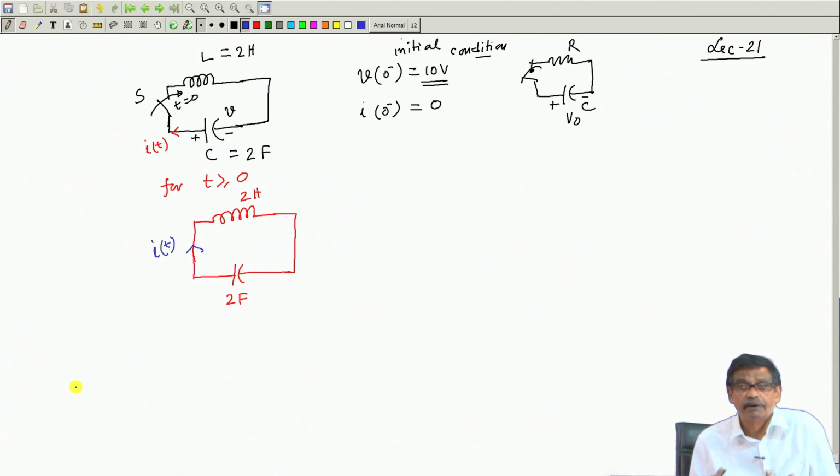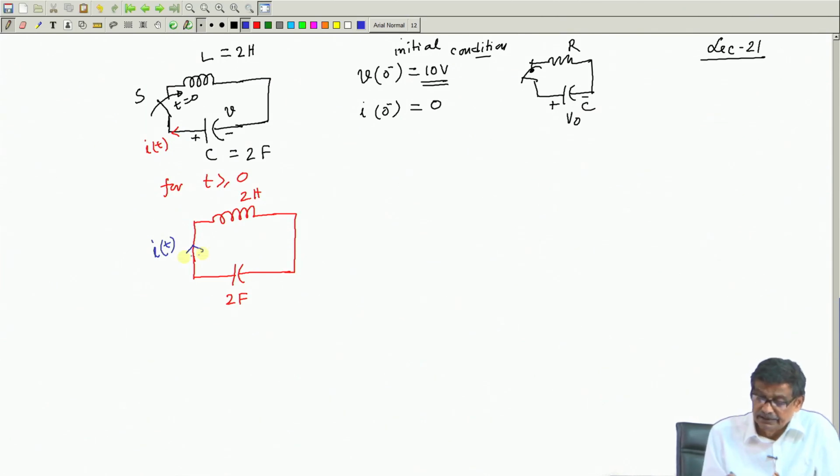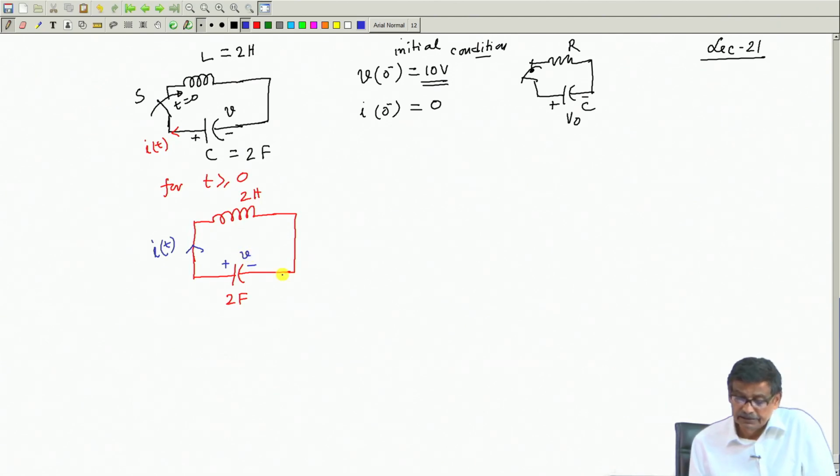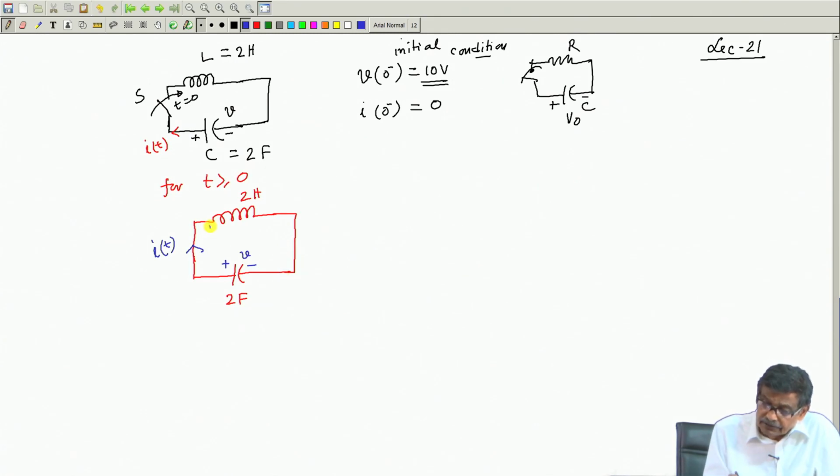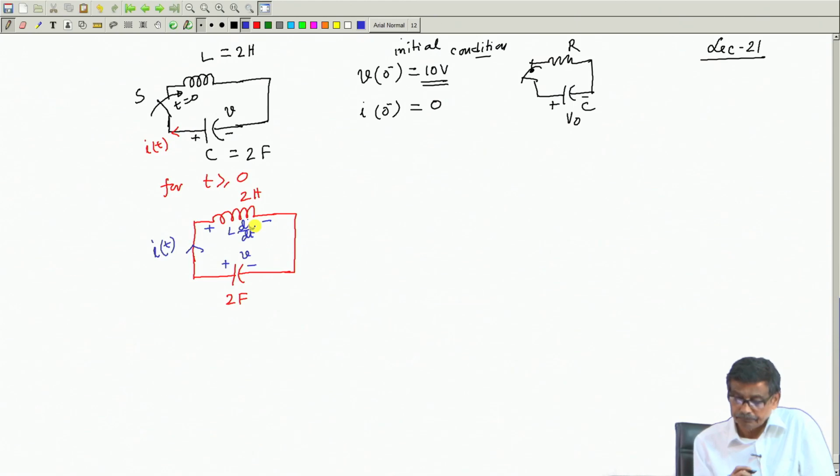The direction of I(t) is my choice, I have assumed it like this, and this was the voltage across the capacitor plate. And what will be the voltage across the inductance? Once you have assumed this, it will be L dI/dt.